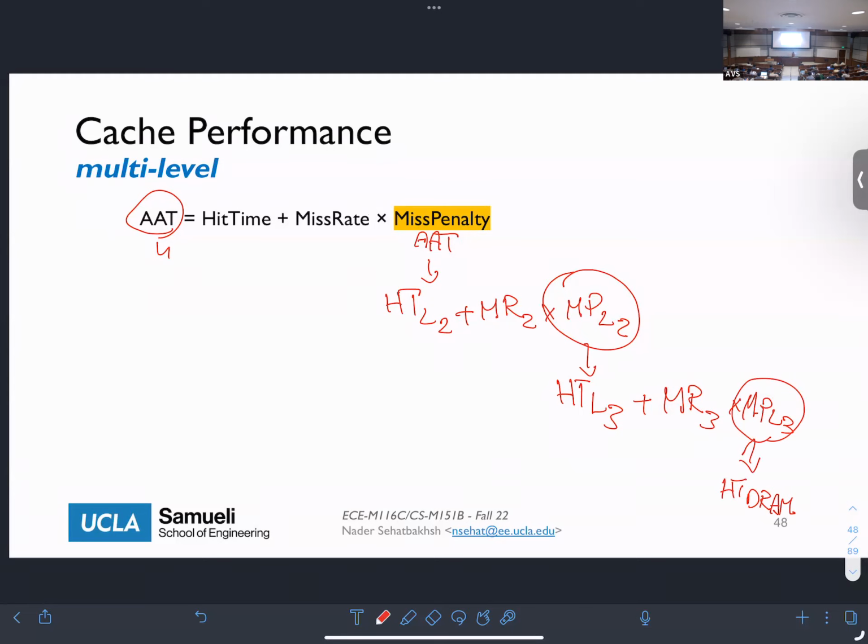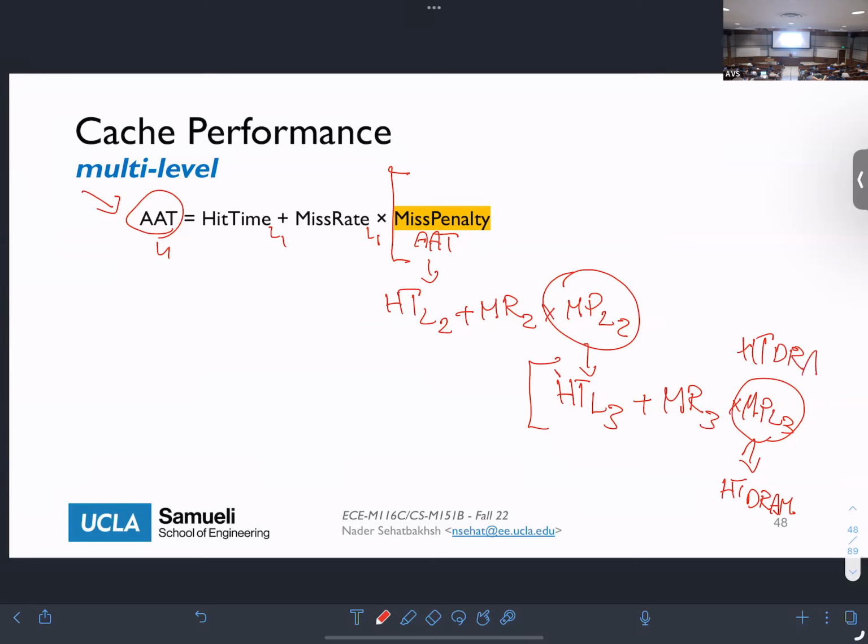So really, your overall 3-layer cache system average access time is the hit time of L1 plus the miss rate of L1 times this large term here, which itself is the hit time of L2 plus the miss rate of L2 times this statement here, which is the hit time of L3 plus the miss rate of L3 times this term here, which is the hit time of your DRAM.